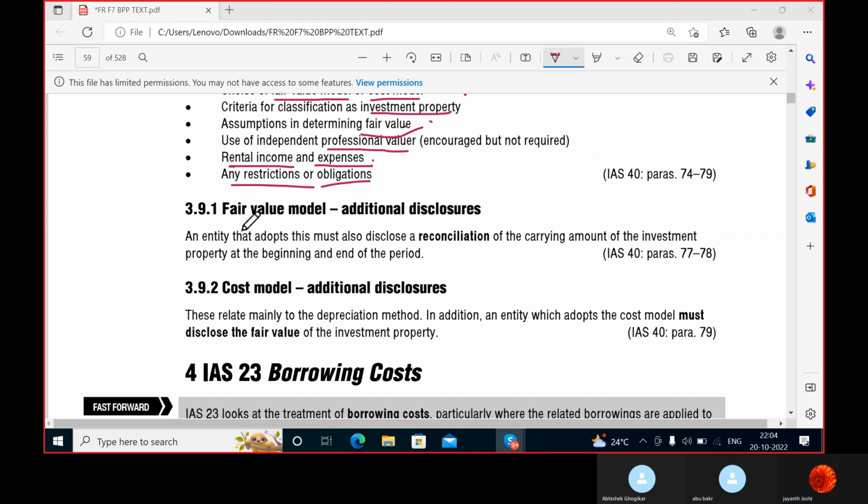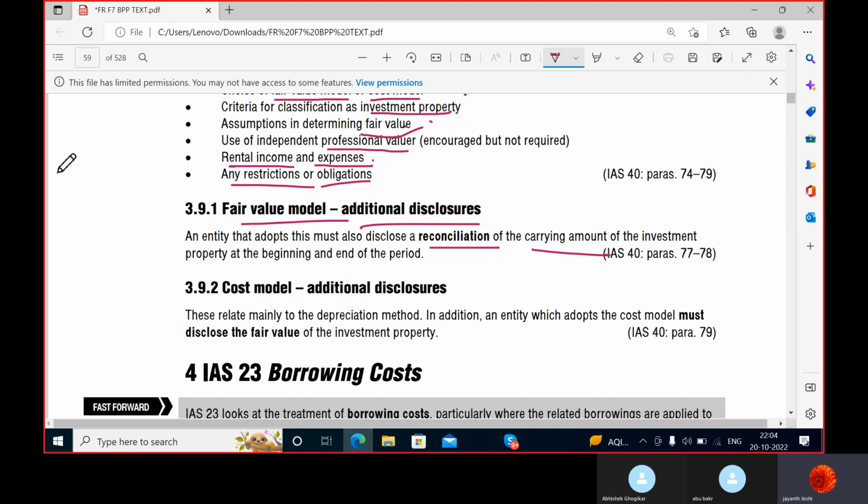Fair value model, additional disclosures you have to give. An entity that adopts this must disclose a reconciliation of carrying amount. That means what was the carrying amount: first year it was the cost, then every year you depreciated the asset and every year the carrying amount changed.